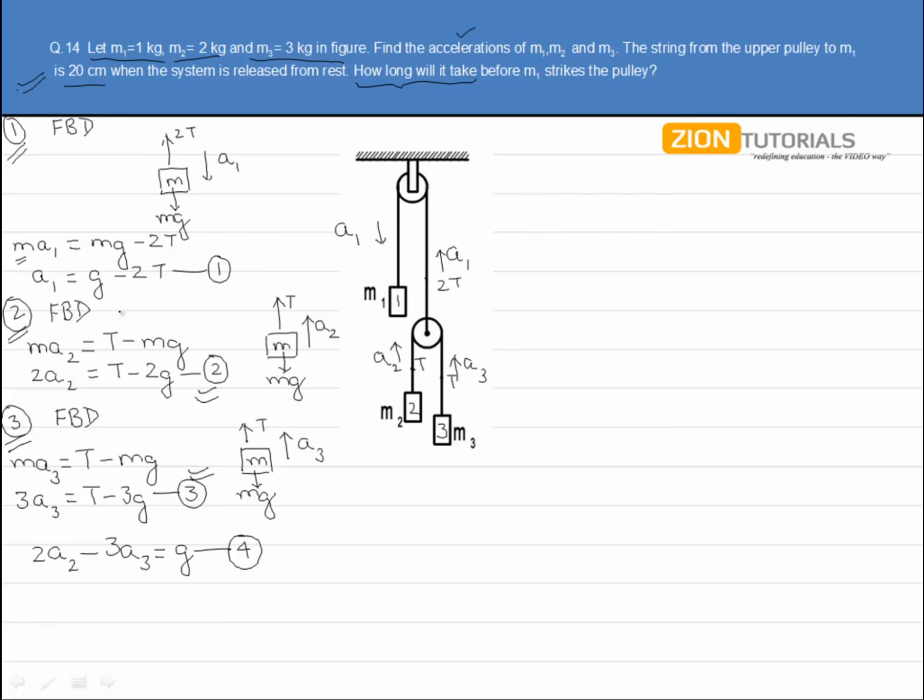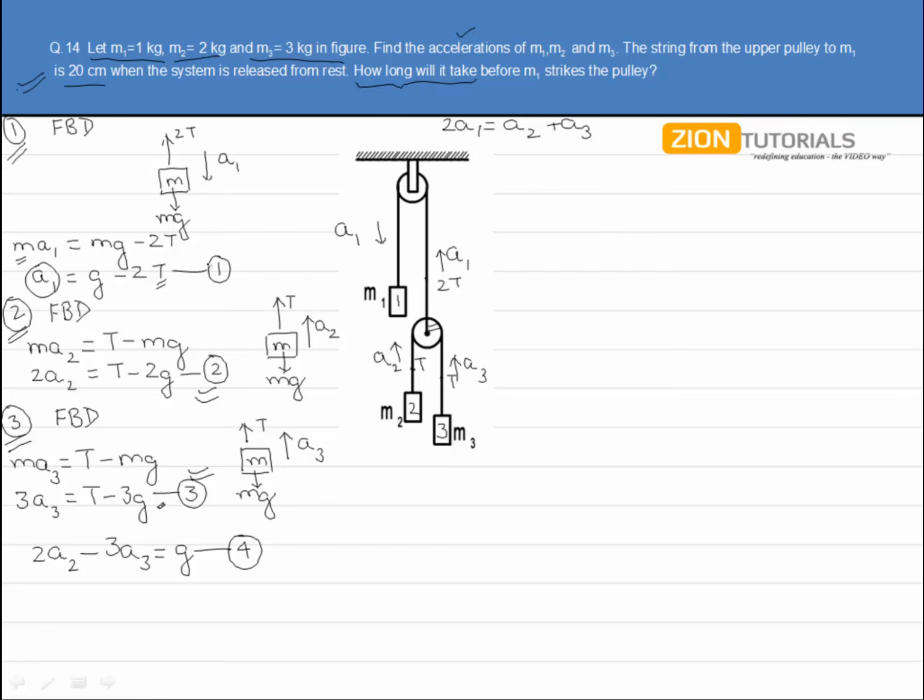Let us put the value of T in equation number 1 from equation number 3, and let us remove a1 from this equation also by the pulley equation, which we have learned earlier in the previously done questions. We can say from this pulley number 2 that twice a1 equals a2 plus a3.